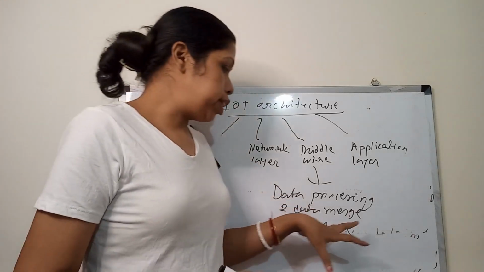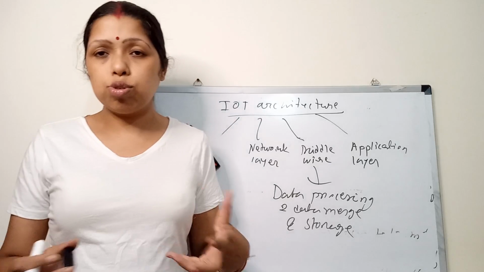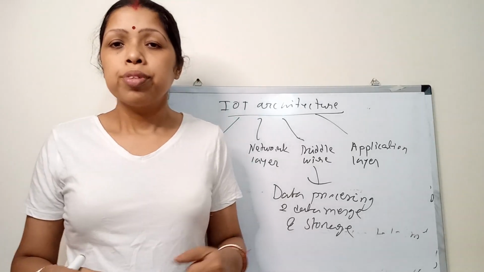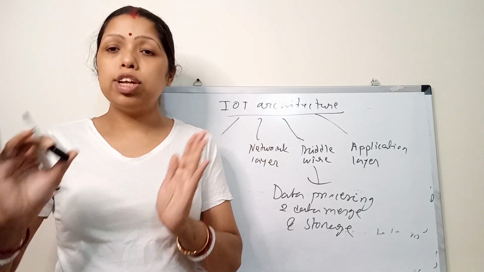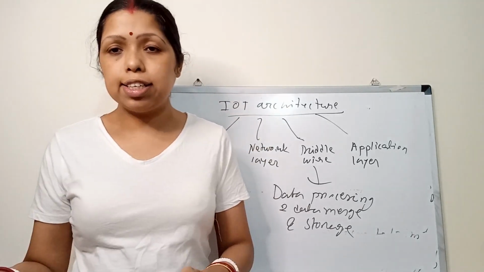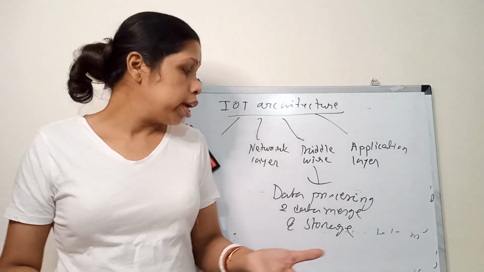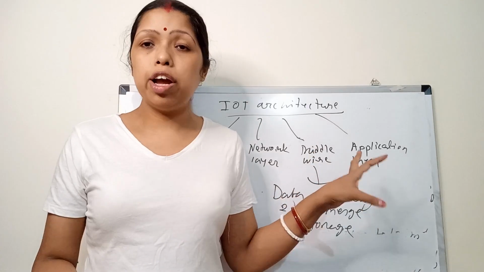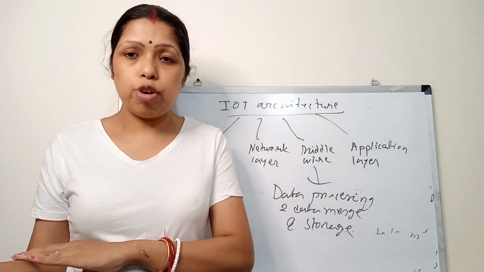So for that, normally a lot of data is gathered from different resources or different sensors, right? So these data should be converted into a generalized format, okay, for further processing or analyzing. Various unstructured data you can get from the various sensors. By using the middleware layer, you can convert those data into the generalized format.